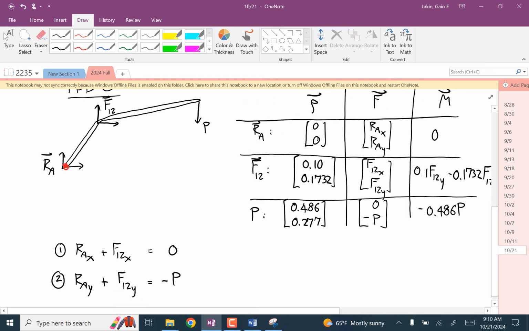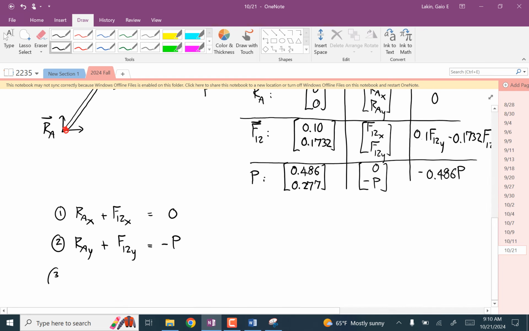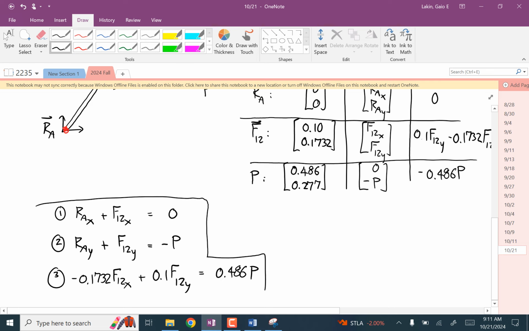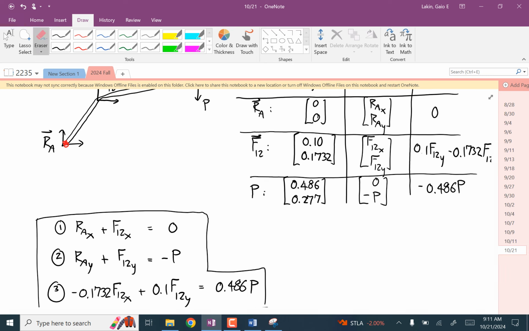And then the moment, negative 0.1732 F12x plus 0.1 F12y is equal to 0.486 P. So there's our first three equations. Would number 2 be positive P? Yeah, thank you.